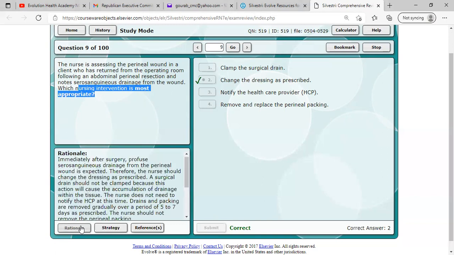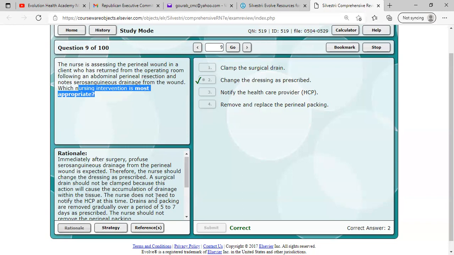So what is their rationale? They said immediately after surgery, profuse serosanguineous drainage from the perineal wound is expected. Therefore, the nurse should change the dressing as prescribed. A surgical drain should not be clamped because the action will cause accumulation of the drainage within the tissue.